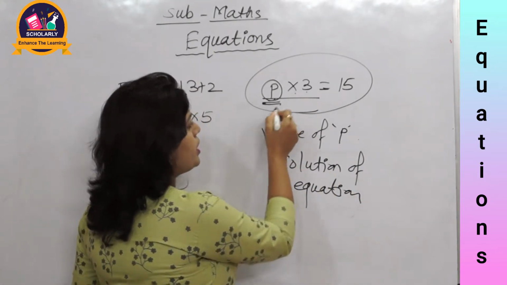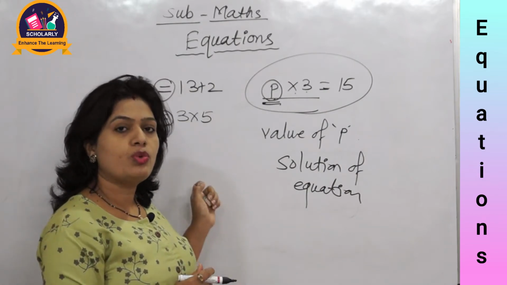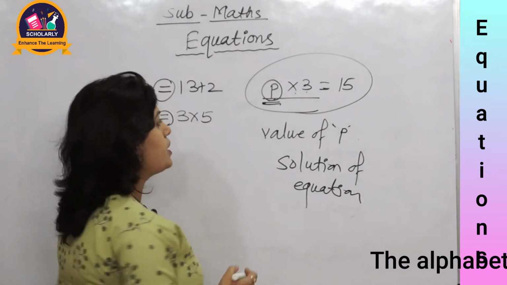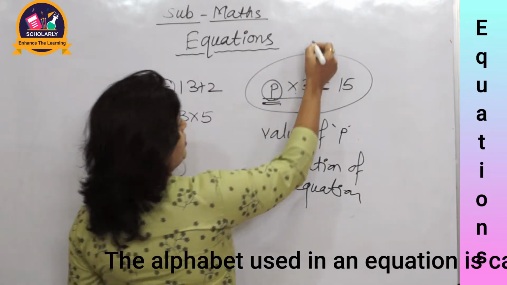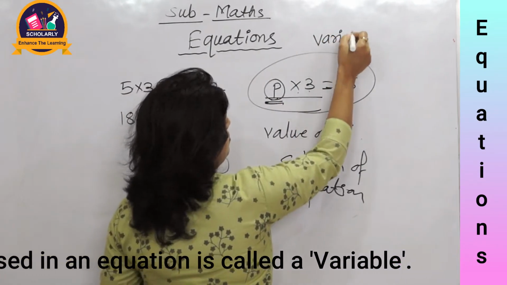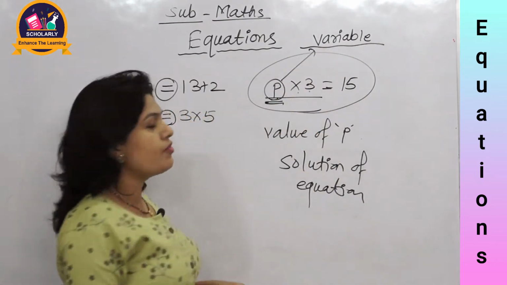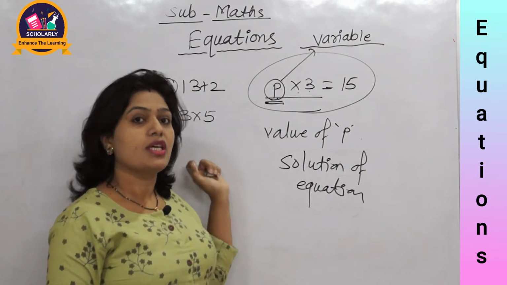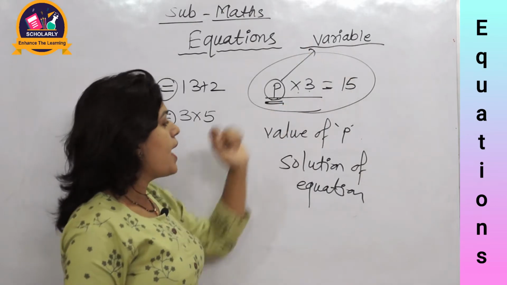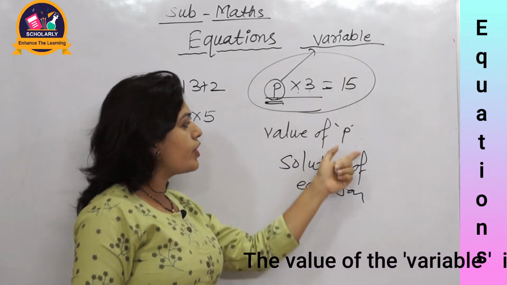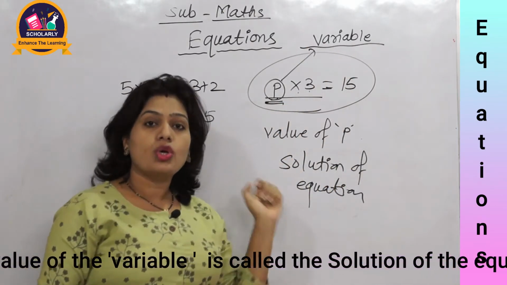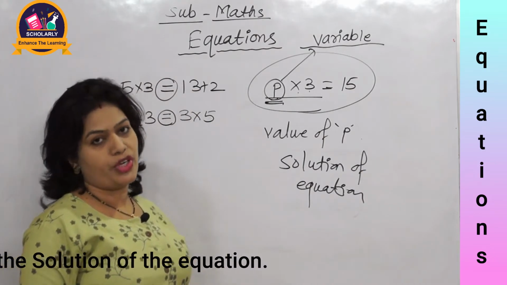This letter P, or the alphabet we use in an equation, is called a variable. The value of this variable is the solution of this equation.